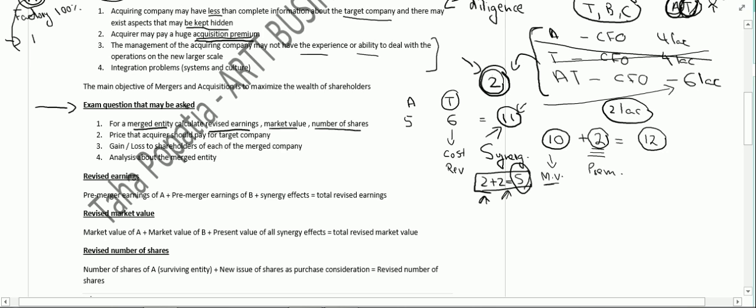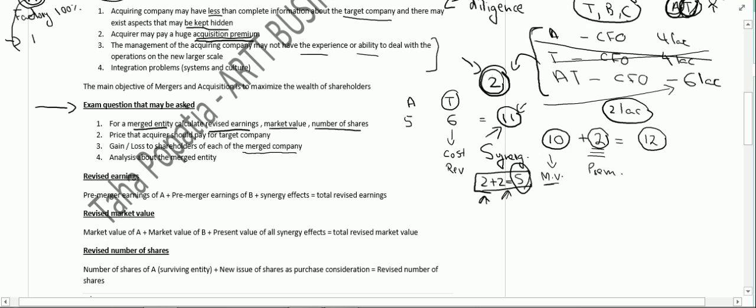Number 2 says price that acquirer should pay for target company. If, as in A, you are acquiring T, how much should you pay for it? Gain or loss to shareholders of each of the merged companies. After merger, we will look in our basic example, the shareholders may gain or they may lose certain value over their shares.